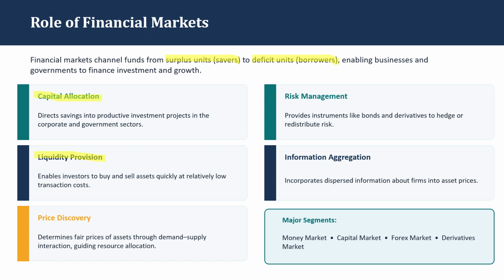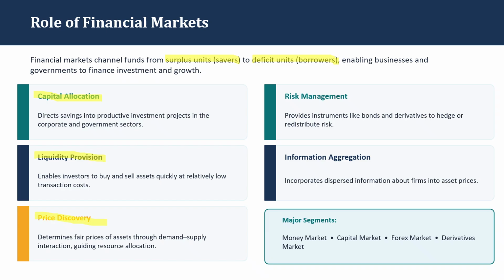Now let us come to the third key function, which is known as price discovery. Every financial asset, a share, a bond, a currency, has some underlying value based on the future cash flows it promises and the risks around those cash flows. But no single individual knows the exact correct value.